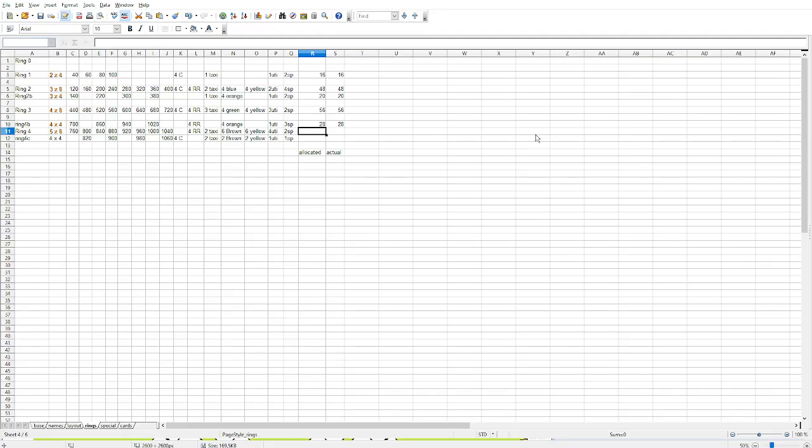Oh, cripe. What did I decide I wanted to do with the taxis and all that? Okay, ring 4B has no taxis, but ring 4C has 2 taxis. Okay.